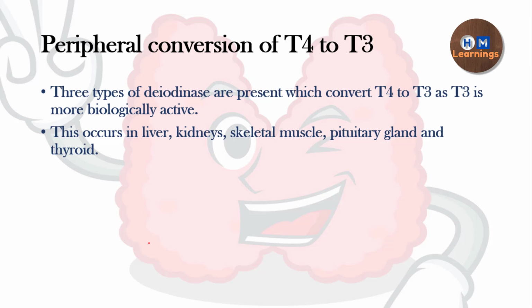Why is the thyroid gland not secreting 90% T3? I think you can answer this question in the comment section. I will also clear this question in the coming video, where I will talk about the regulation of thyroid hormone secretion, the hypothalamic level of regulation, pituitary level of regulation, as well as the difference between T4 and T3, and why the thyroid gland forms predominantly T4, not T3.